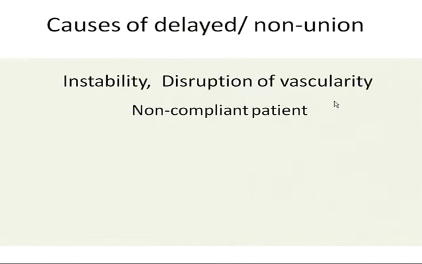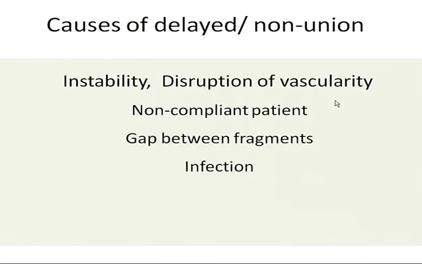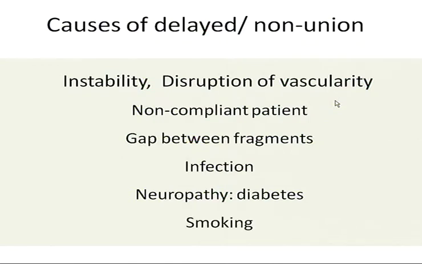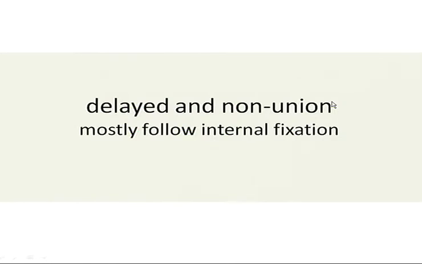Other factors that lead to non-union are a non-compliant patient, gap between fragments, infection, neuropathies like diabetes and other neuropathies, and smoking also is blamed for delaying union. Most of the delayed non-union that we see nowadays follow internal fixation.